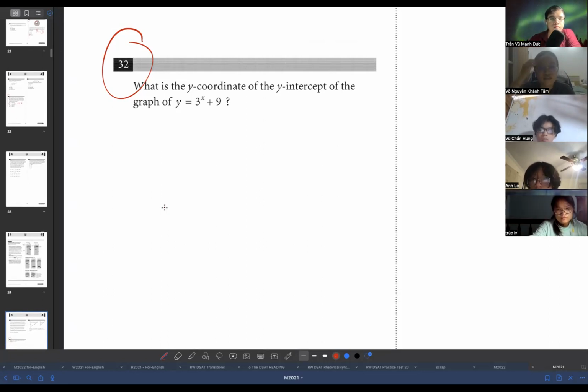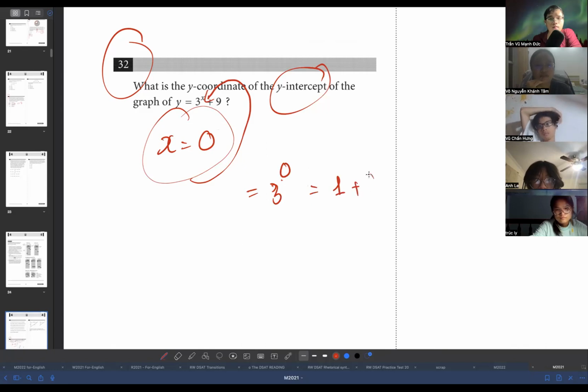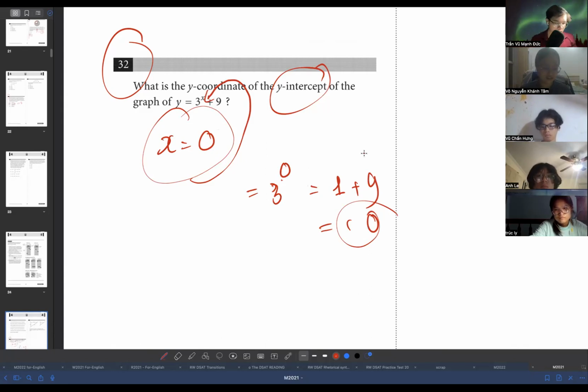It said that the y-intercept, so the x should be 0. Exactly, and you plug them in, right? You plug 3 in. 3 to the power 0 is 1, plus 9. Exactly, it's 10. So it's very simple, but many would do it this way.